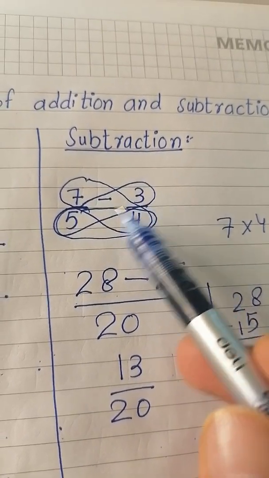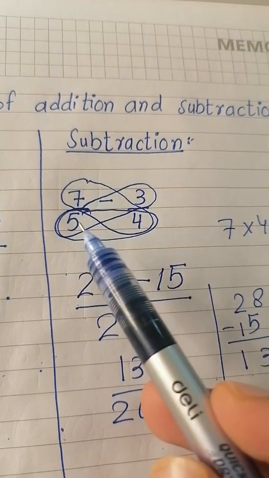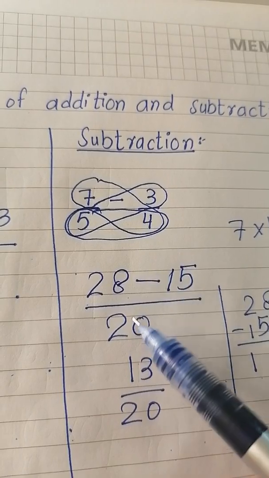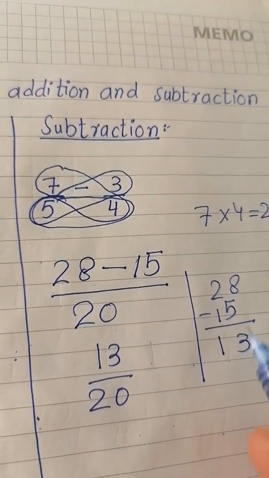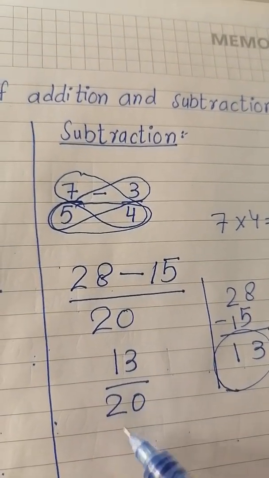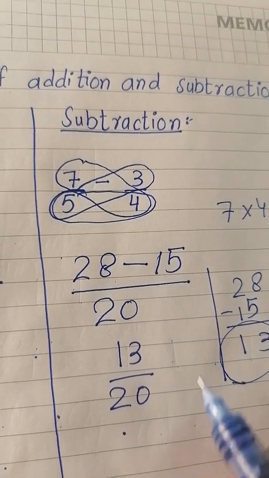Now 3 multiply 5, which gives us 15, so we write 15 here. And then multiply the denominators together. 5 multiply 4 is 20. Now 28 minus 15, which is 13. So write 13 divided by 20. It means 13 over 20, or 13 divided by 20.